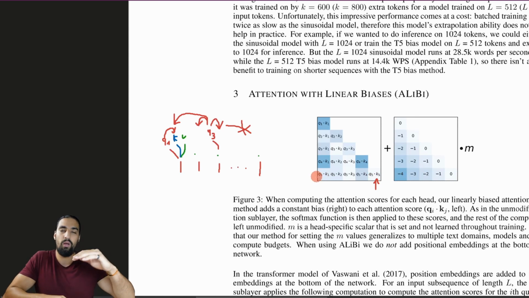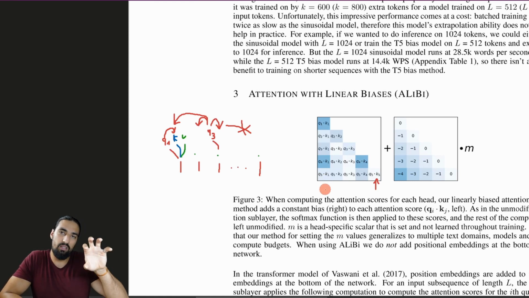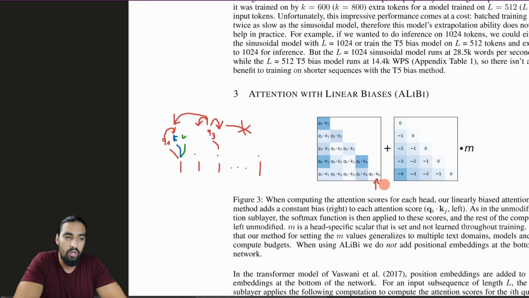And so after you apply softmax, the attention coefficient for that value vector is going to drop down. That means you're going to take the value vector from position 1 with a smaller coefficient compared to value vectors that are close by this Q5 query. So hopefully that was clear. I'm going to dig into a bit more detail a bit later.